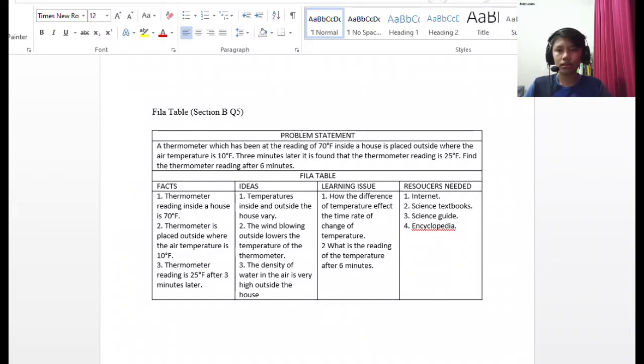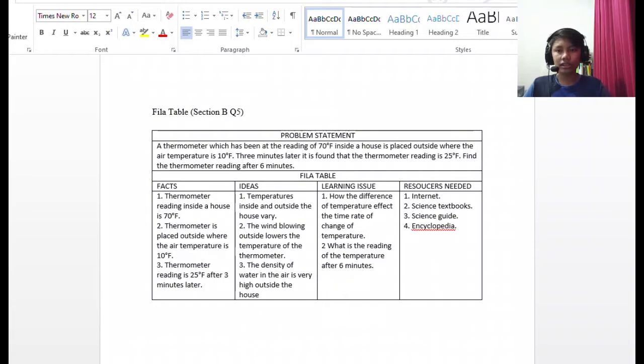So we got the 4 categories, which first, facts. The first one is thermometer reading inside the house is 70 Fahrenheit. The second one is thermometer is placed outside where the air temperature is 10 Fahrenheit. And the last one is thermometer reading is 25 Fahrenheit after 3 minutes later.